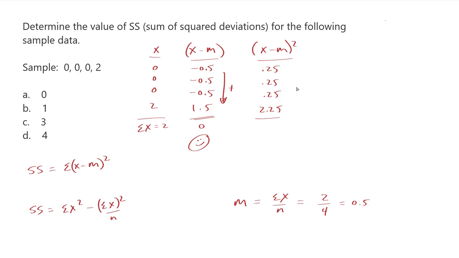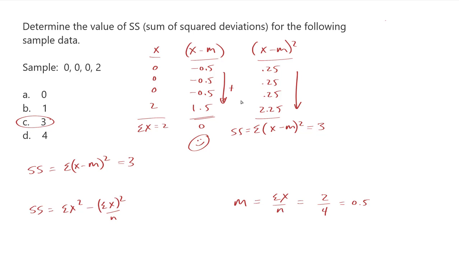Okay, I'm going to add these up to finish off my formula, because that will give me the sum of everything in the column. It's the sum of my squared deviations, and that's going to give me a total of 3. That is my sum of squares, 3. And so the answer is going to be C.